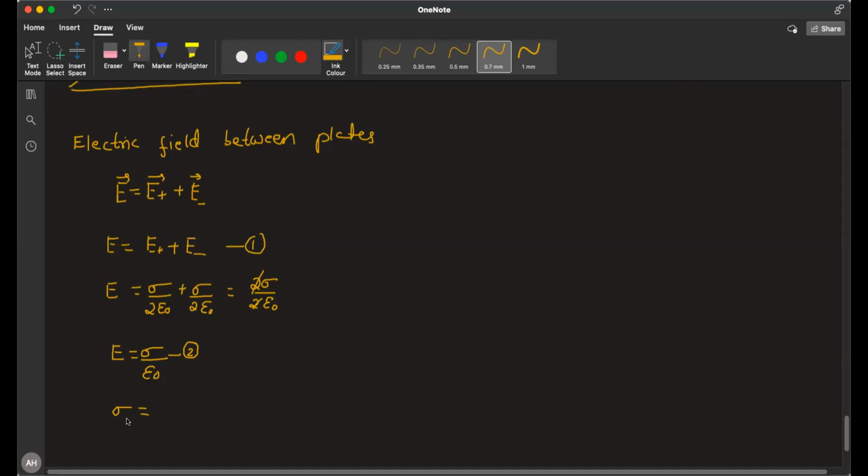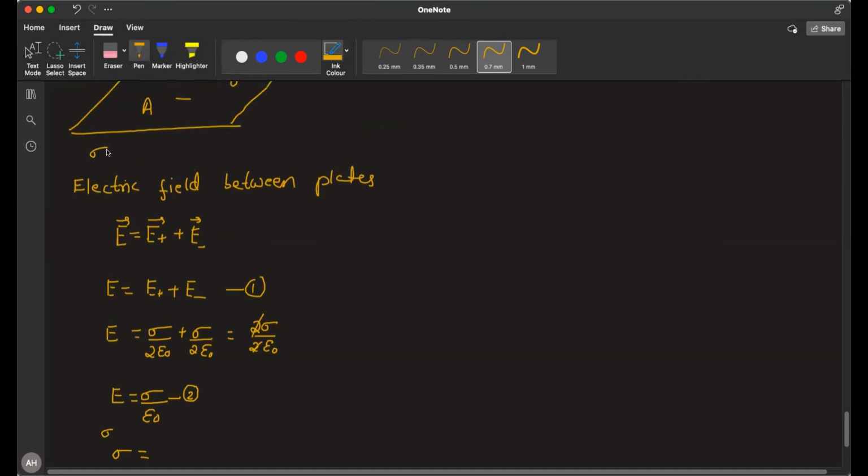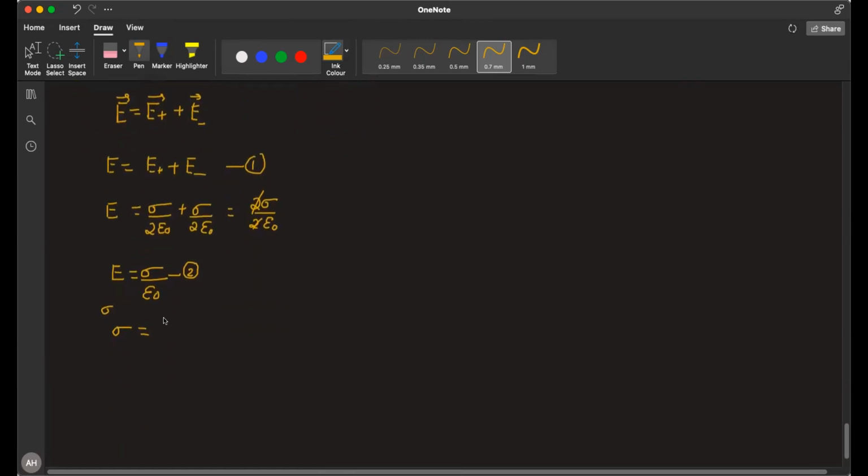Sigma is the surface charge density. And what is the formula to calculate surface charge density? It's charge upon area. It's Q upon A. That's equation 3.